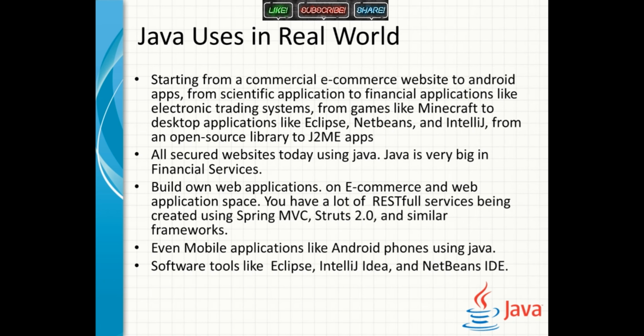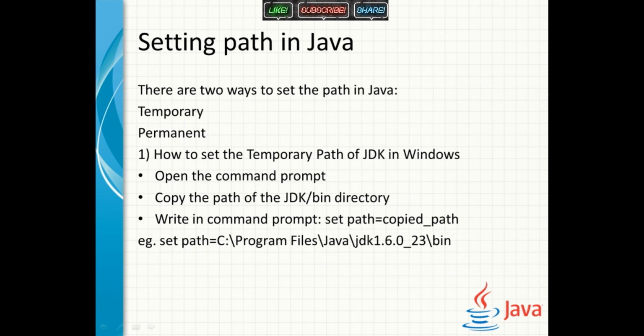Now coming to setting up the path. There are two ways. First, we will install Java on our machine. You can search on Google and take it directly from the Oracle main website. You can install JDK 14, which I have used.